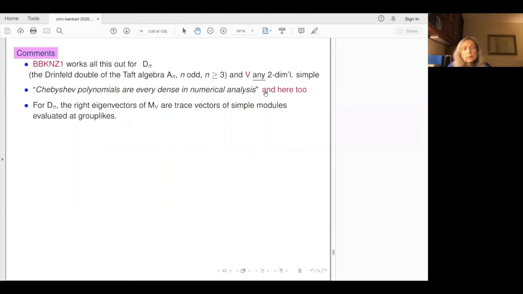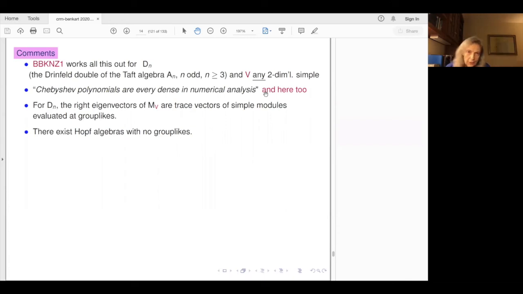For D_n, the right eigenvectors are trace vectors of simple modules evaluated at group-likes. And this was true also for the UqSL2 example. So you might think, well, maybe looking at trace vectors of simple modules evaluated at group-likes is the way to get right eigenvectors for Mackey matrices. But there exist Hopf algebras with no group-likes.